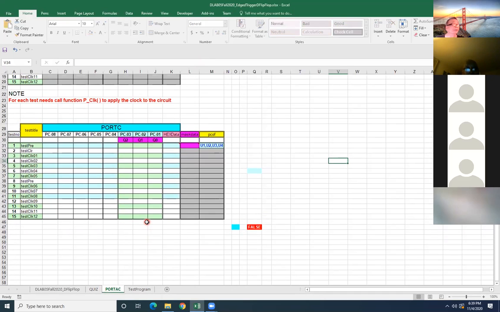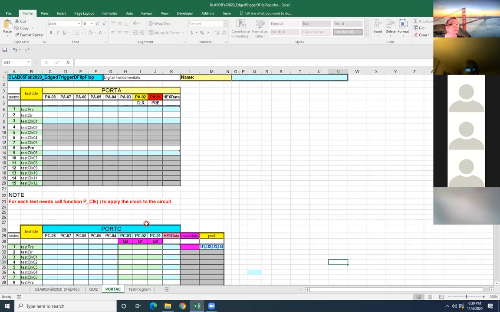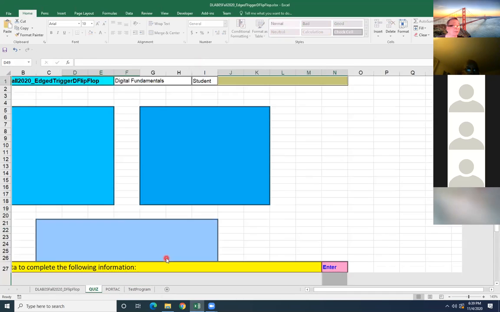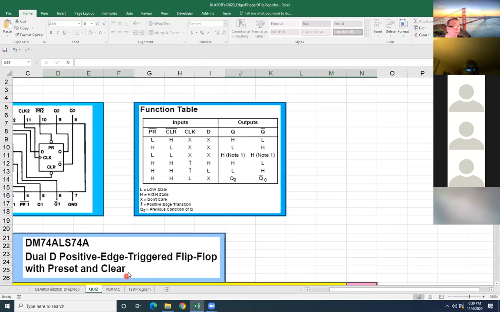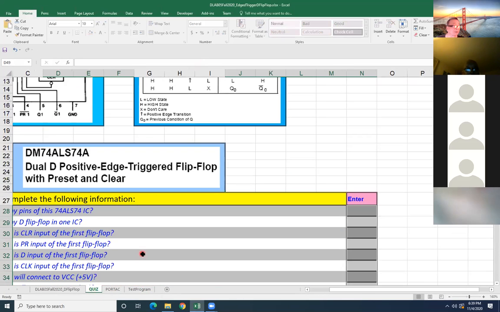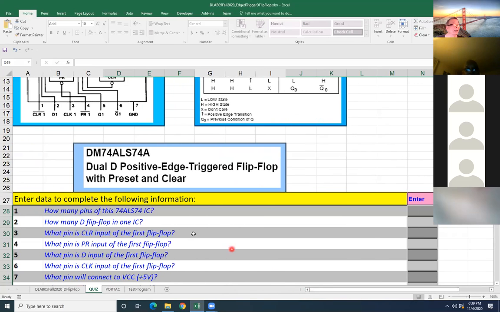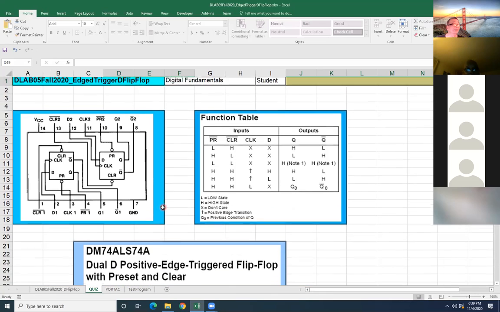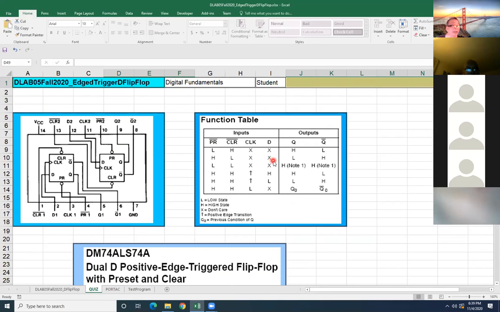That is the quiz. There's the port right here. Now they've given you the truth table, and also the pin assignment here.